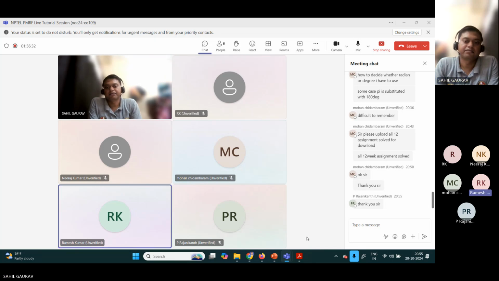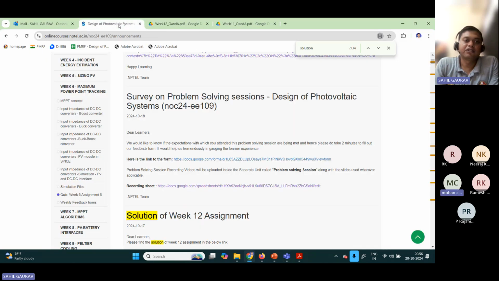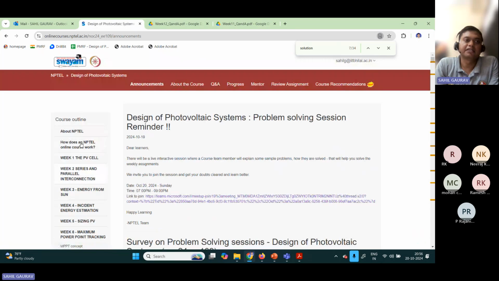Can we get previous year assignments from Google? No, you cannot. You can only get them if you enrolled during that time, because once you enroll, it gets fixed to your account. If you have not enrolled last year, then you cannot get them.